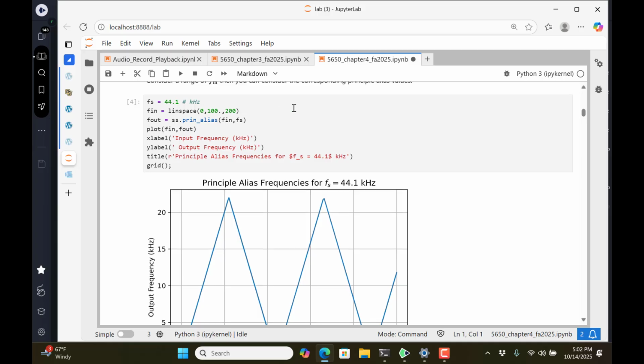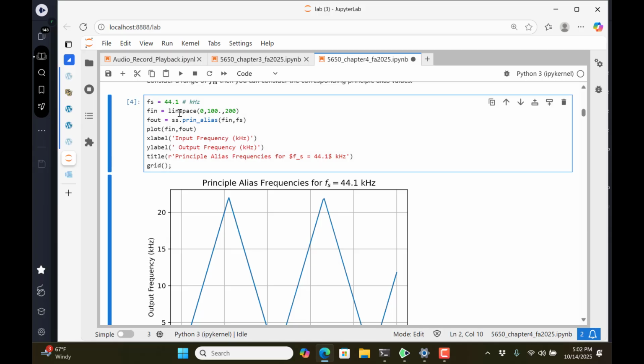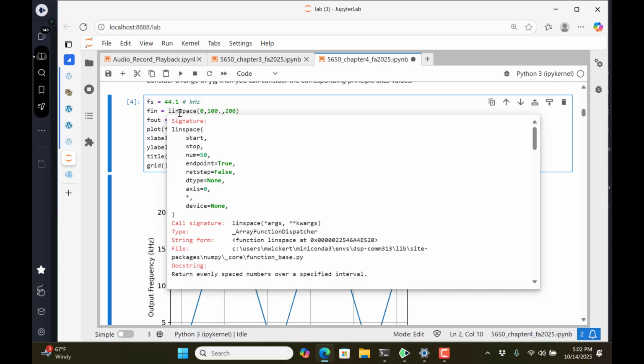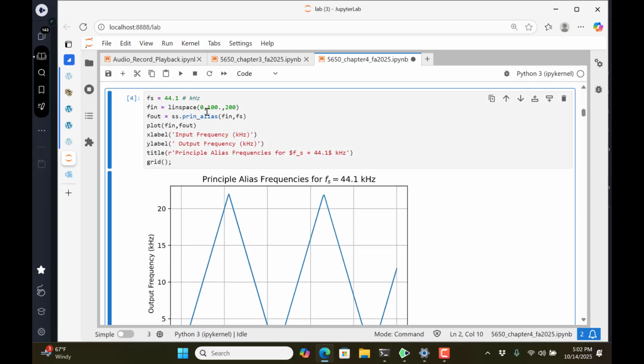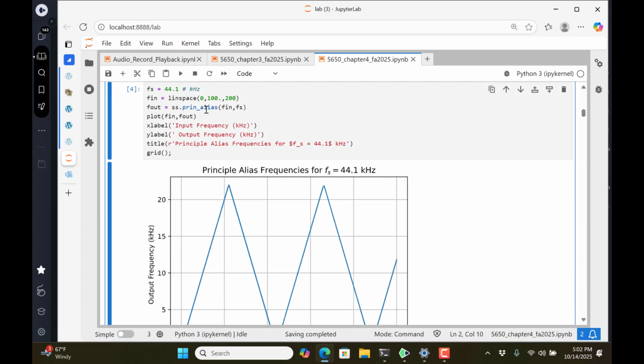let's see, I don't use linspace that often, so I have to remember how linspace works again. You have the start frequency and the stop frequency and the number of points to put in there. So I decided to use linspace, go from 0 to 100 and a total of 200 points. And then I'm going to map it through the principal alias function.